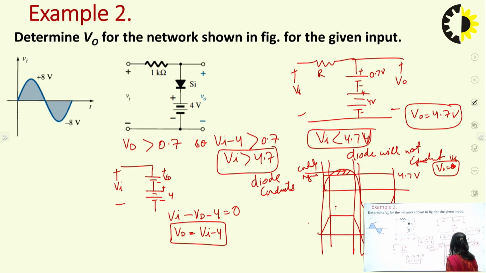When the diode is not in the conducting state, the output would be equal to Vi, because the diode will be an open circuit and this whole Vi will appear across the output.